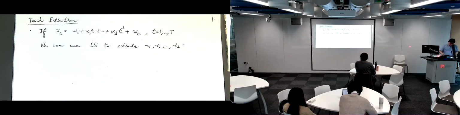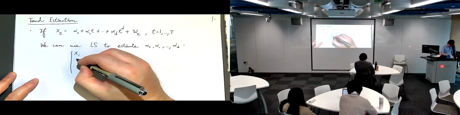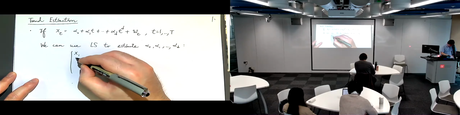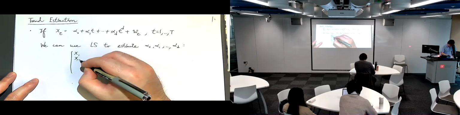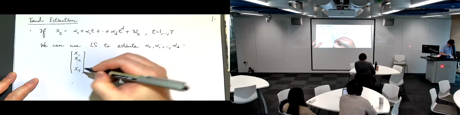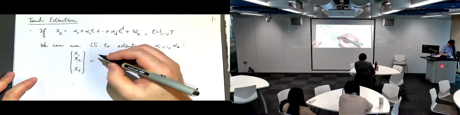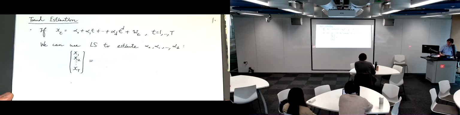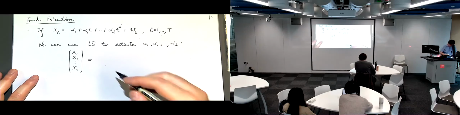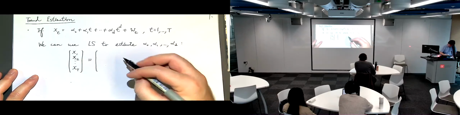So how to practically do this? This is basically going back to undergraduate least square estimation. You put your data in one column, and then you put your equation on another side.